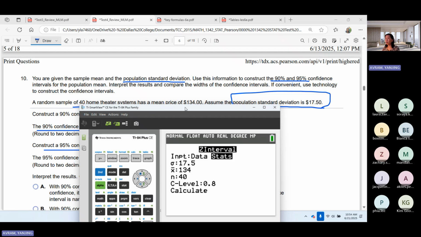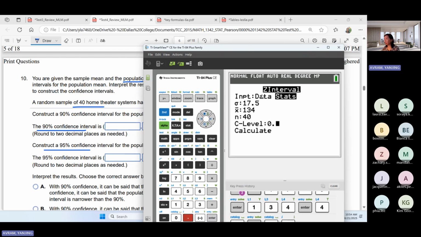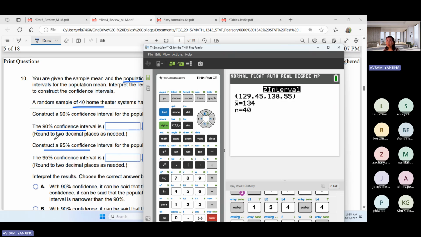The first one we want to calculate is 90% confidence, so we change this to 0.9 and calculate. To two decimal points, we have 129.45 to 138.55. That's the interval.